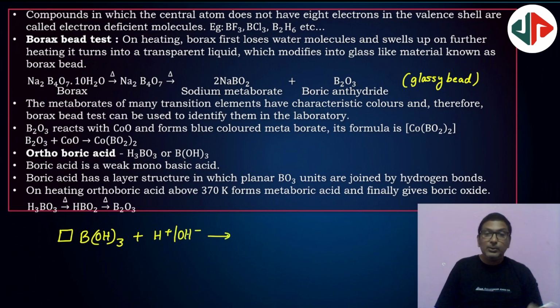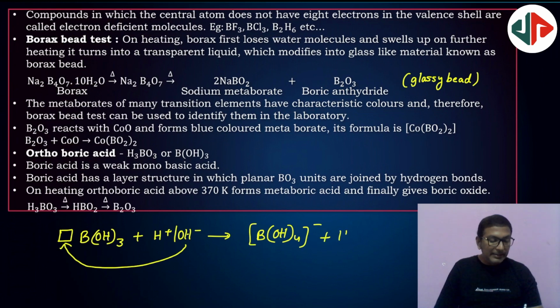In water we have two types of ions, H+ and OH−. Boron attracts OH− and forms [B(OH)4]− with the release of H+. So boric acid accepts a hydroxyl ion from water and releases H+.